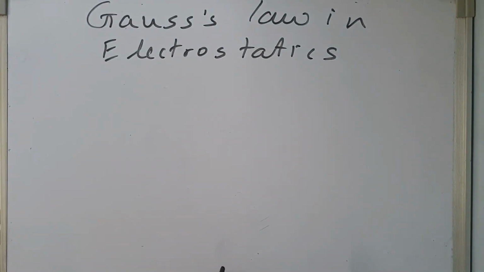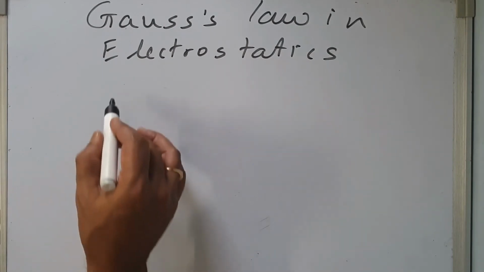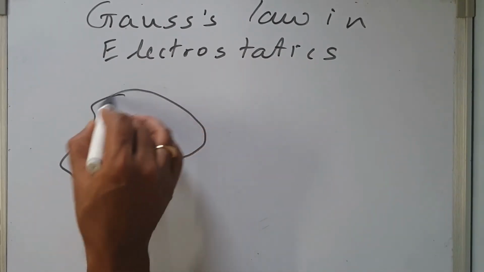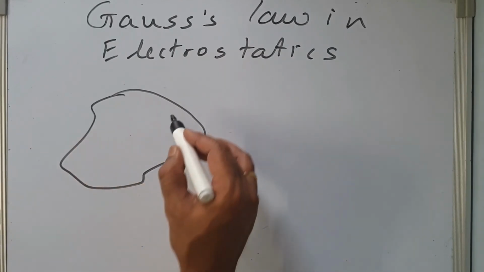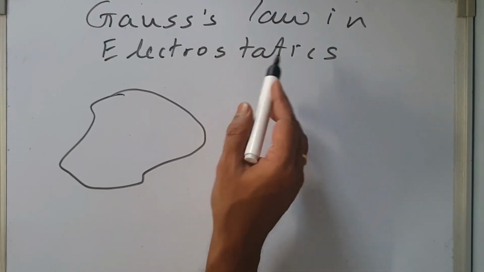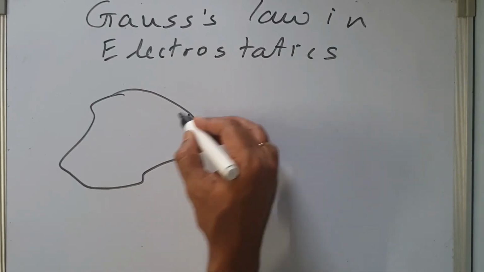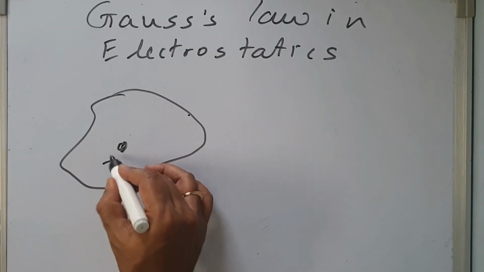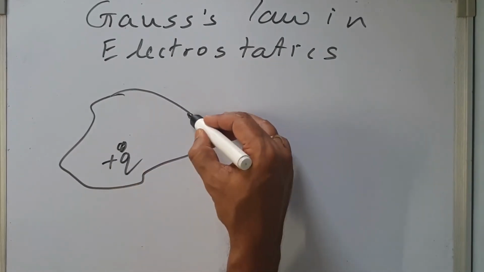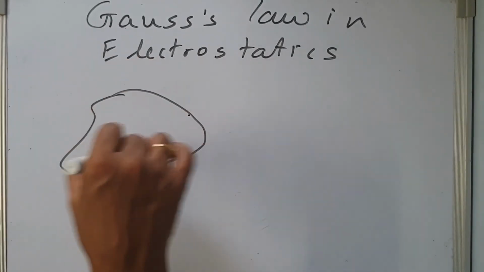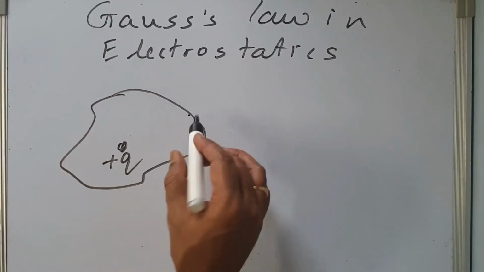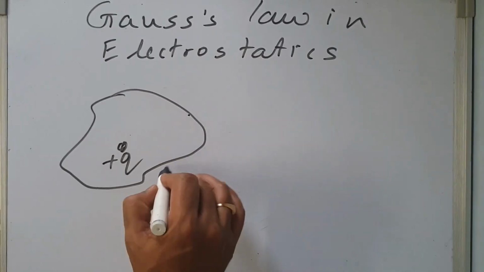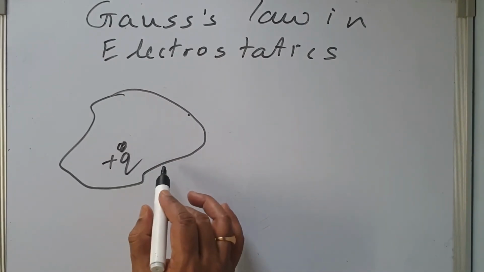Its statement is: the total electric flux over a closed surface. Suppose you have a closed surface, in three dimensions. If you have any charge inside, let us say plus Q, lines of force are going to come out of this plus Q. There will be flux coming out of the surface. Flux means the total number of lines of force coming perpendicular to the surface.